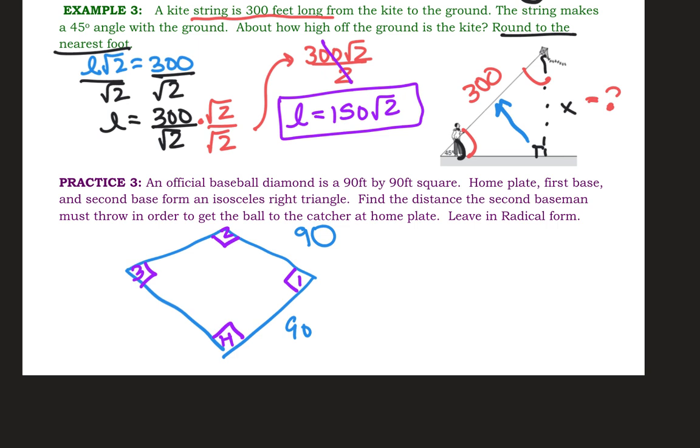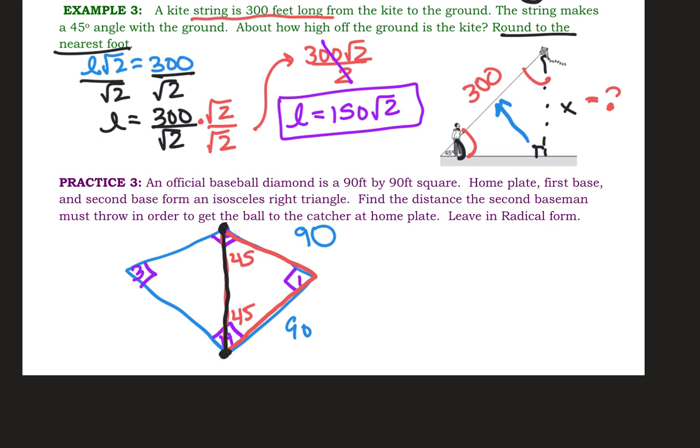All right, I read an official baseball diamond is 90 by 90. Home plate, first base, and second base form an isosceles right triangle. So this is a 45, 45, 90 triangle. Find the distance that the second baseman, which is here, must throw the ball to catch it at home plate.